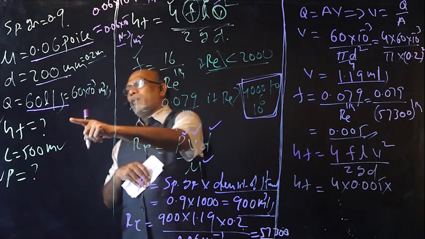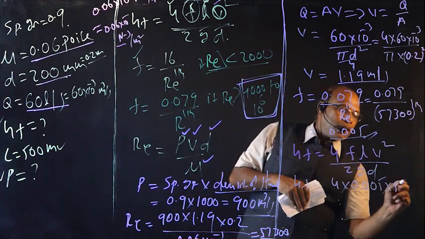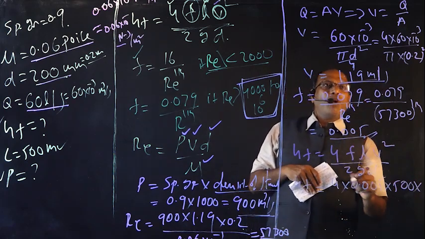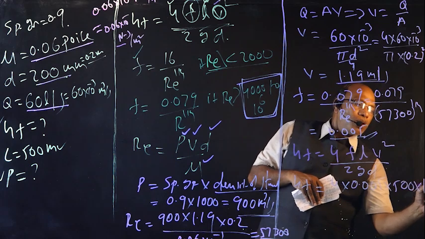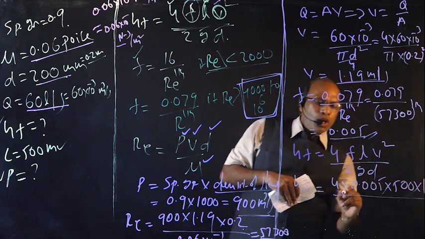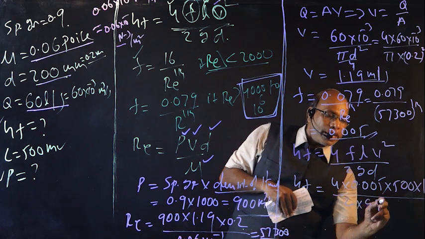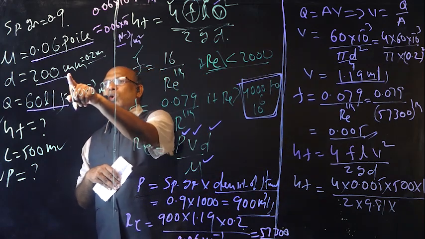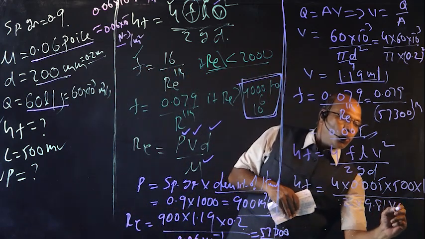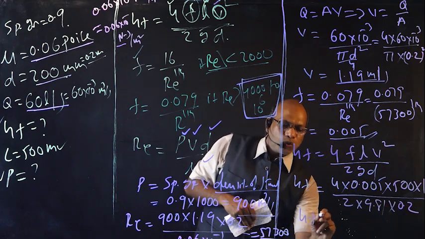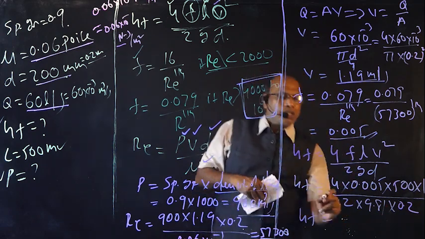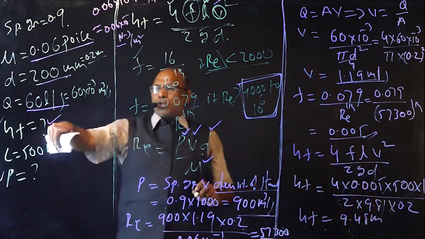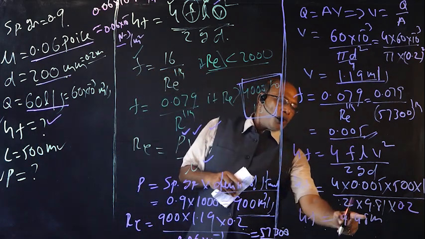The length is given in the problem, that is 500 meters, into the velocity, which we have determined, 1.19 meter per second, squared, divided by 2 into 9.81, the g value, into the diameter of the pipe, also given in the problem, 200 mm, that is 0.2 meters. Finally, the head loss due to friction, hf, is equal to 9.48 meters.